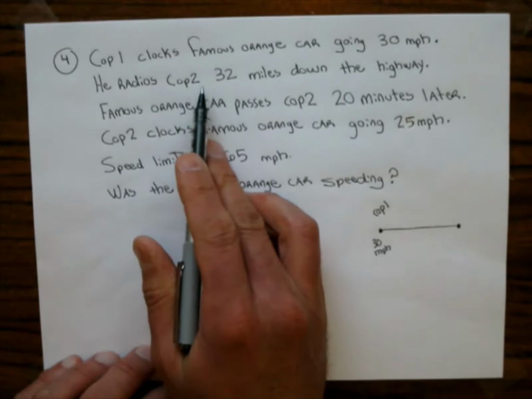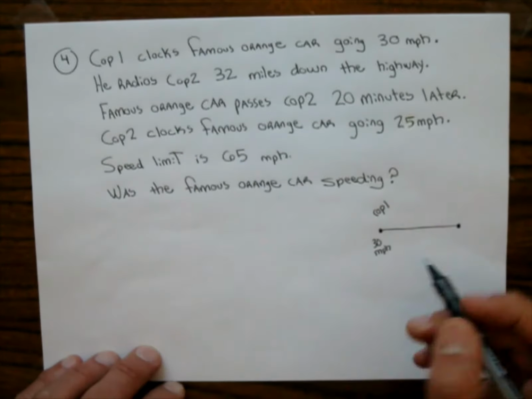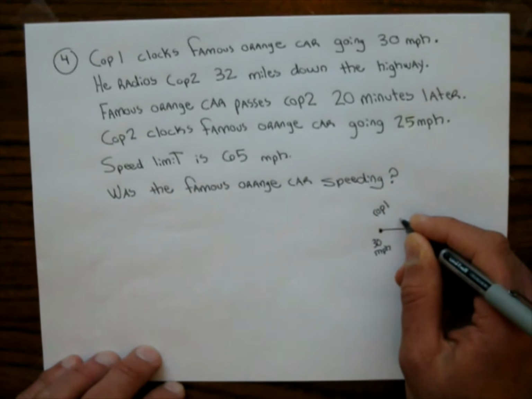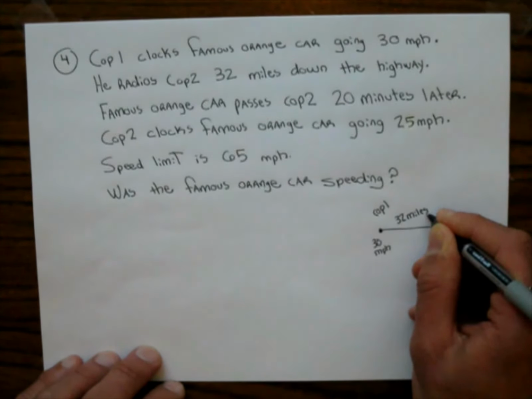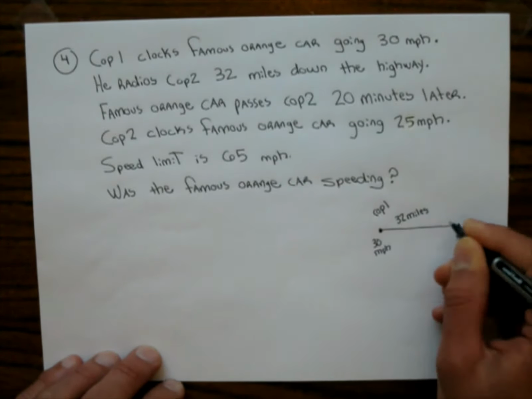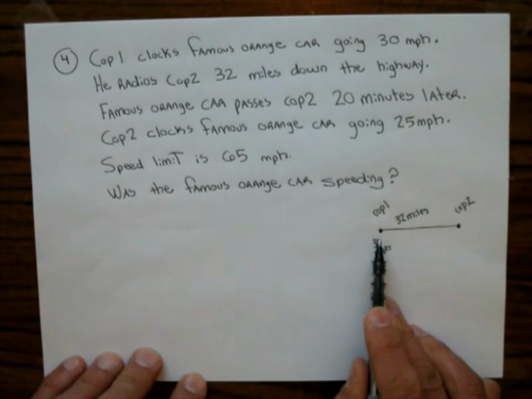He radios Cop 2, who is 32 miles down the road. 32 miles away is Cop 2. And perhaps he's saying, this is Roscoe P. Coltrane.